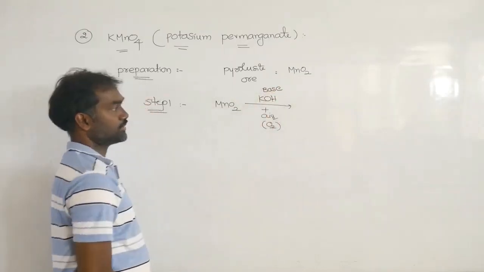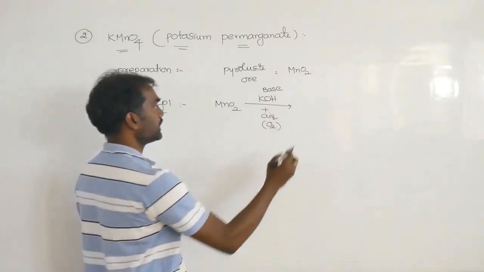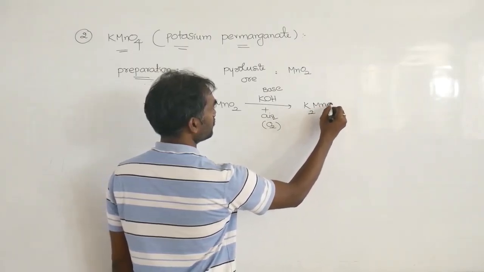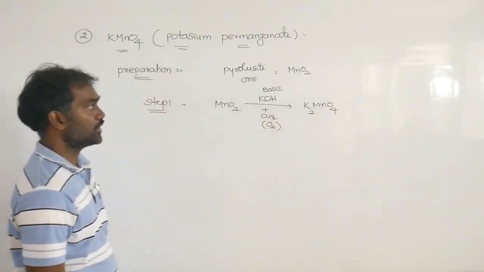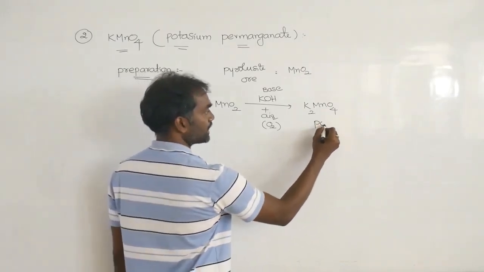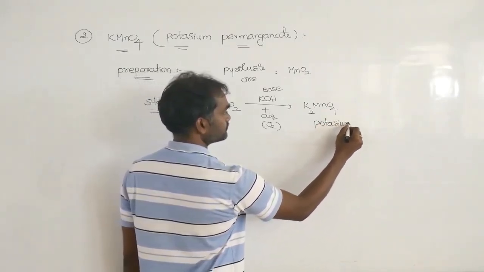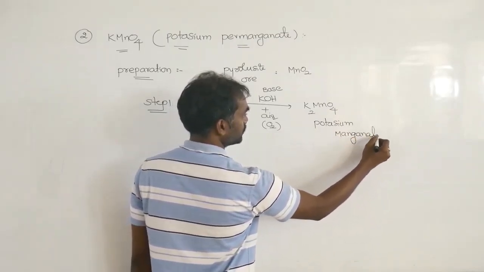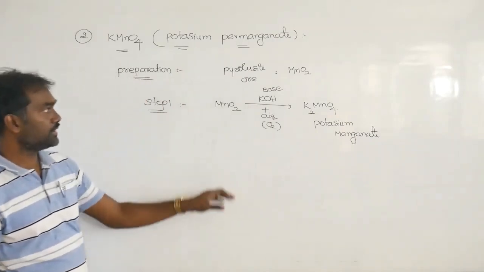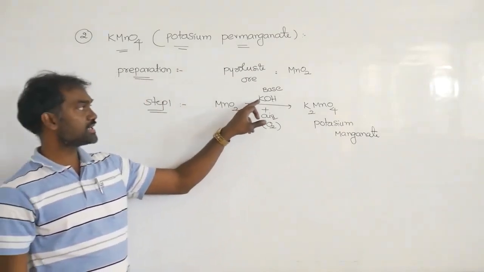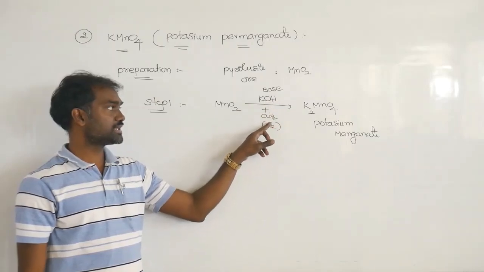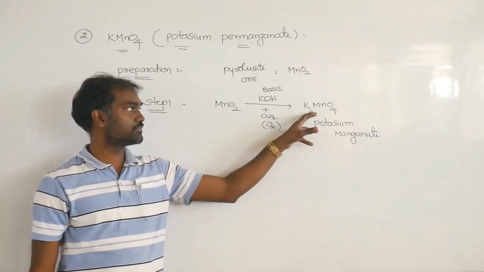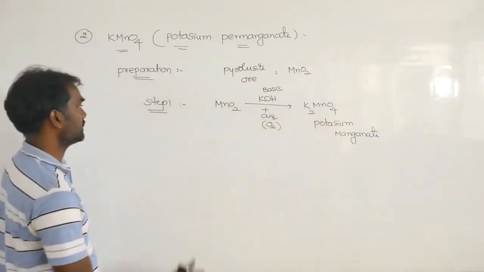So base in the presence of air, you will get K2MnO4, potassium manganate. So you write down the matter in this way: the pyrolusite ore is treated with KOH in the presence of air, then it gives potassium manganate. You write down that matter. After that you write this equation.